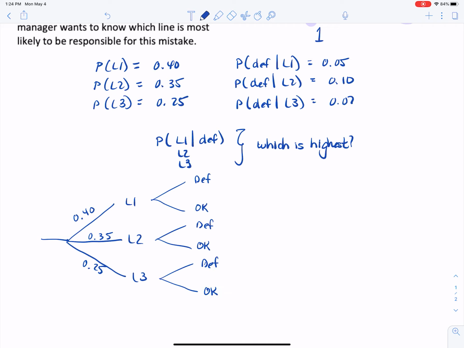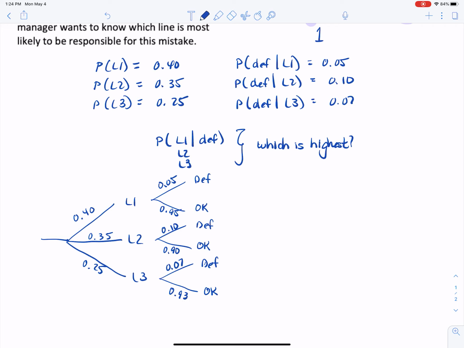Line 1 has a 0.05 chance of being defective, which means a 95% chance of being okay. We have 10% of line 2 is no good, and 7% of line 3 is no good.